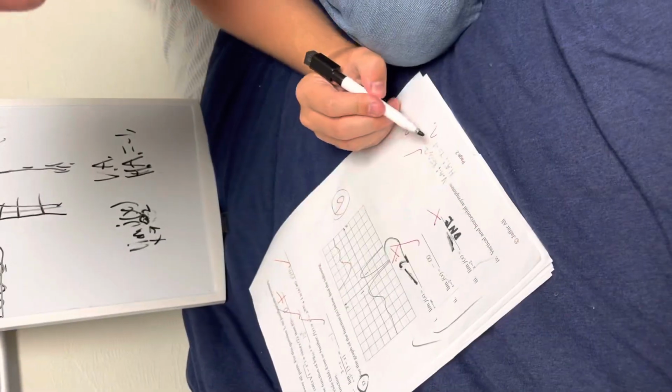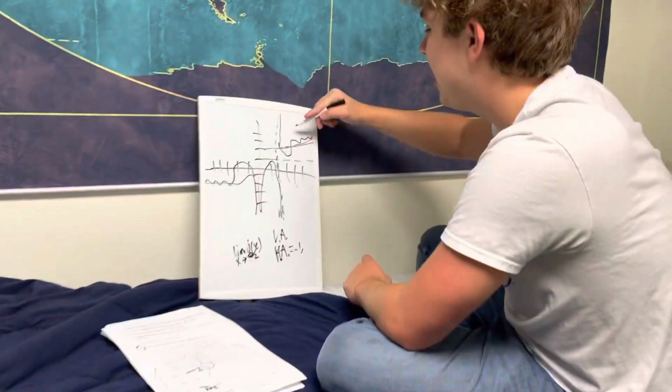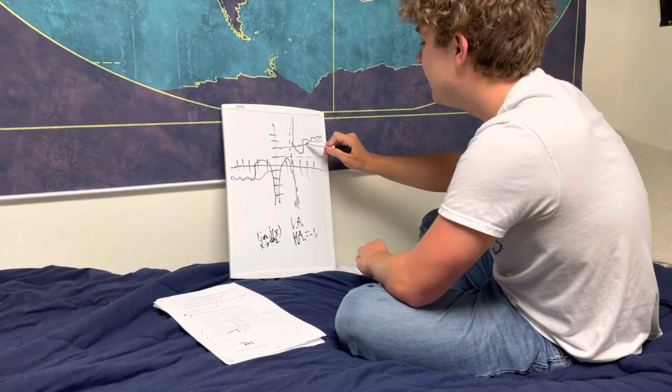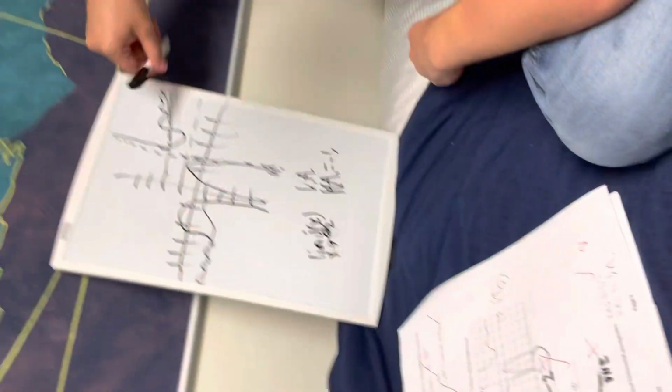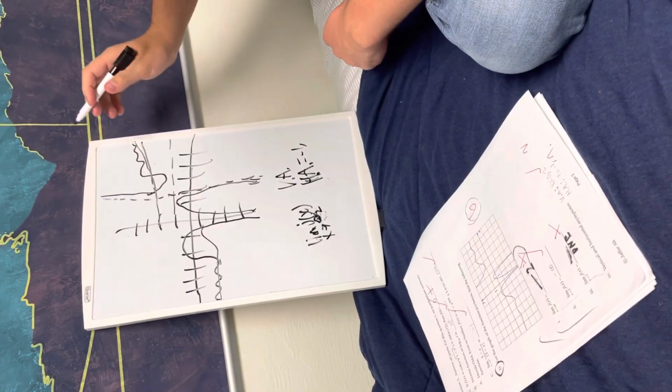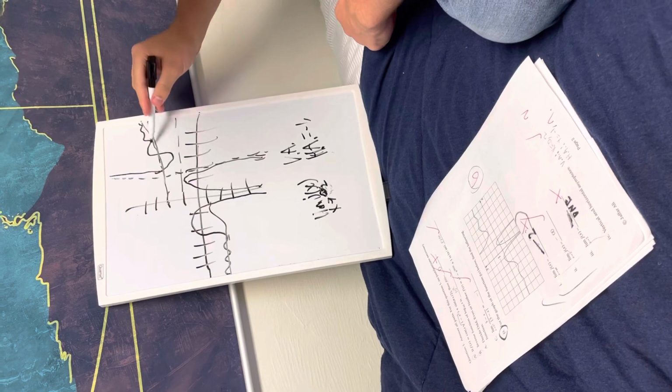Now, on my test, that's all I said, which is wrong, because you have another one up here at 2. As I said earlier, we were finding the limit as x approaches infinity. It oscillates on the line 2. So this is also a horizontal asymptote.